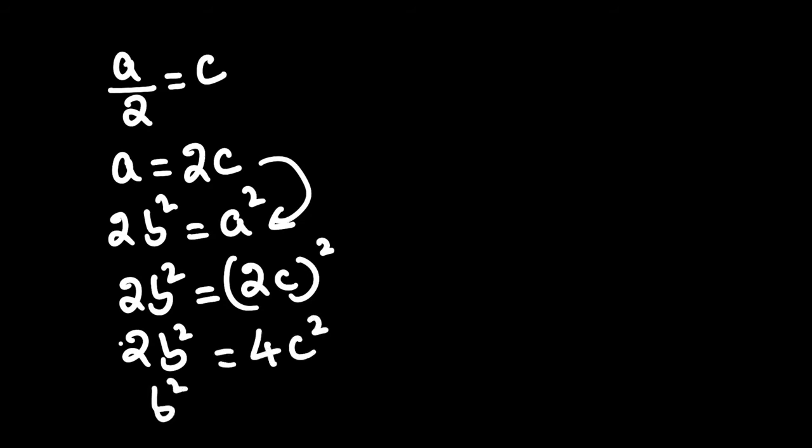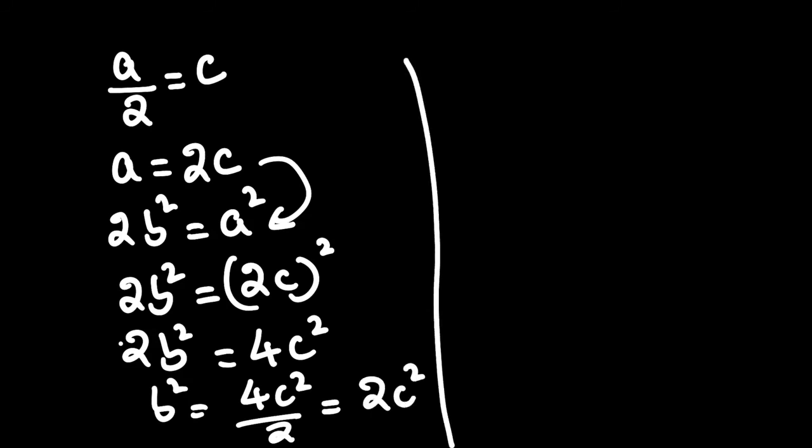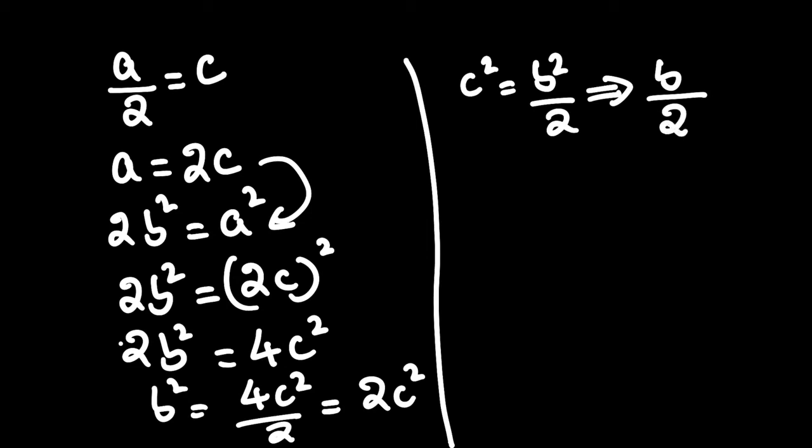Therefore, b squared is going to be 4c squared over 2, which is equal to 2c squared. In other words, c squared is equal to b squared over 2. That means b squared is divisible by 2, which implies b is also divisible by 2.